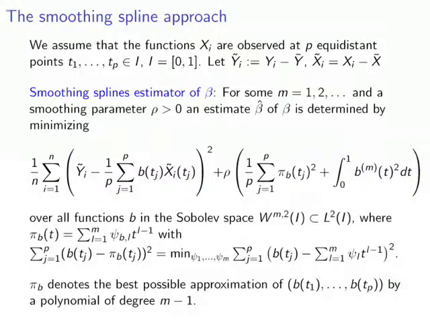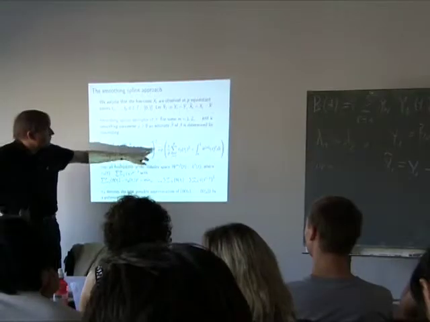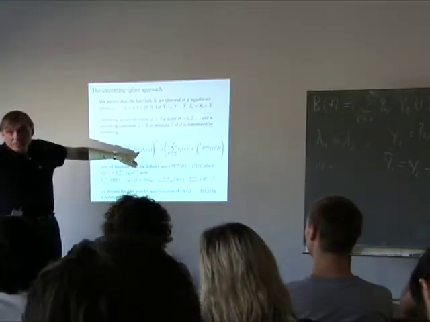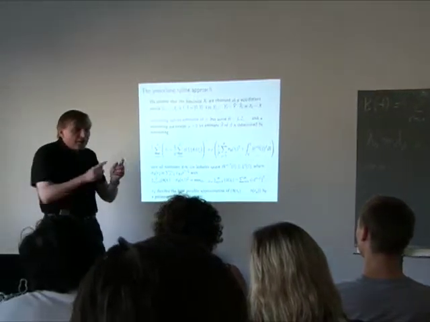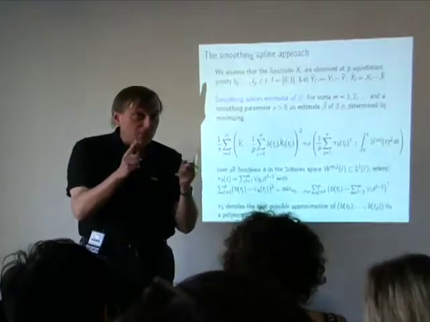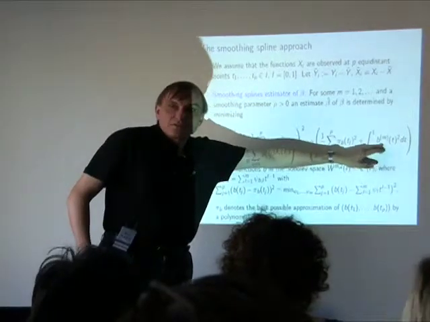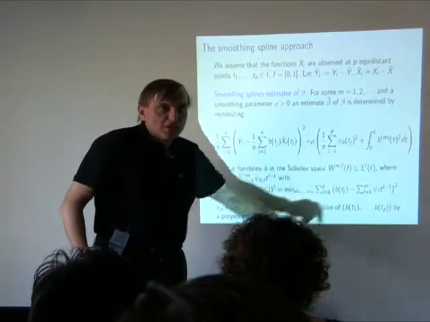The point is, the solution of this, the function that comes out, will always be a natural spline, because we have here the p time points. Why a natural spline? Because in this residual sum of squares, only the values of the function b at the observation points t_j enter. The values in between the t_j only enter in the integral, in the second derivative.